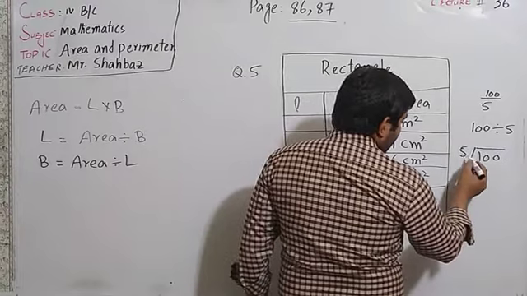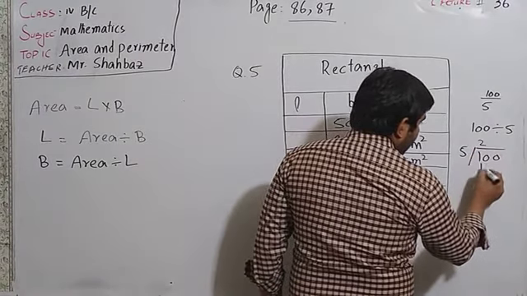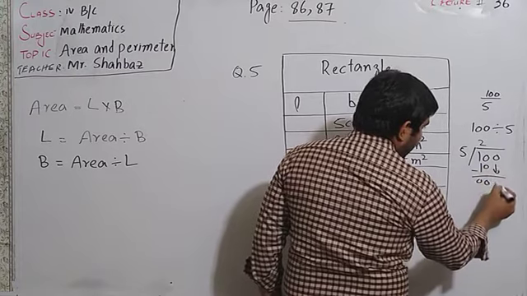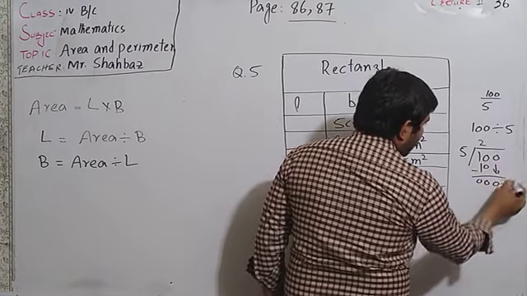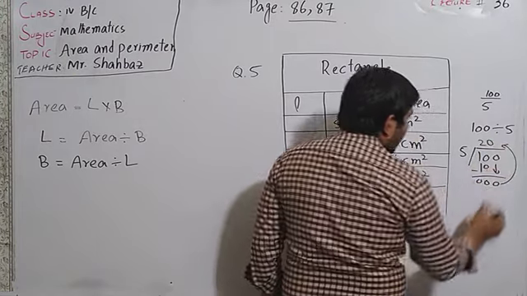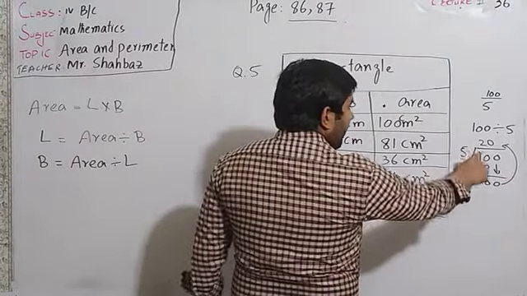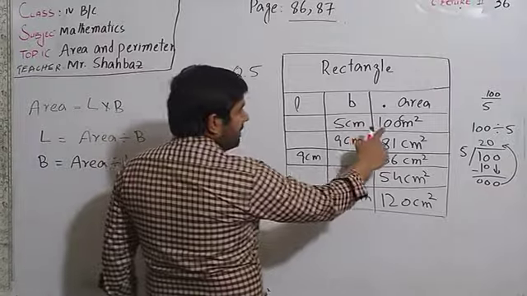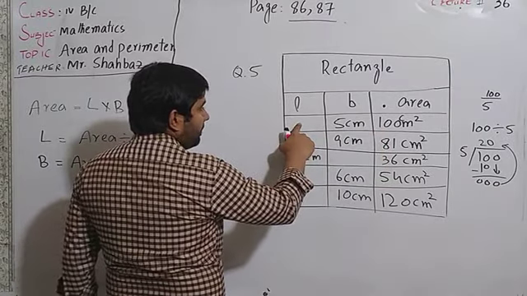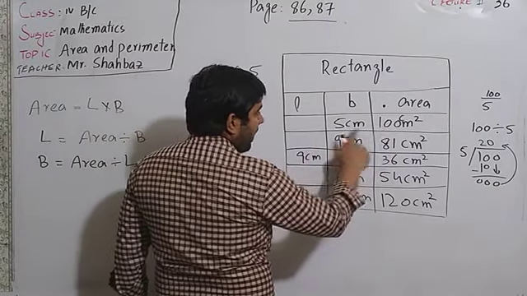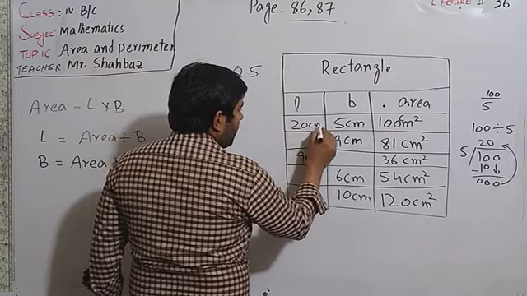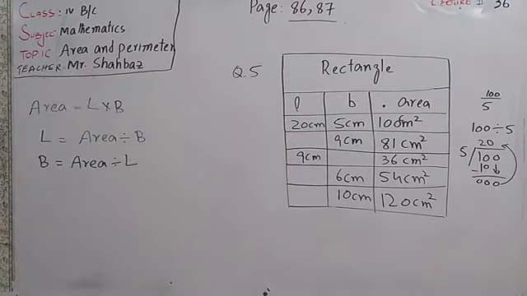So 5 2s are 10, minus this will be 0 here. So we will write, if we have remainder 0, it will be 20. So the length for area 100 divided by 5 will be 20 centimeter.